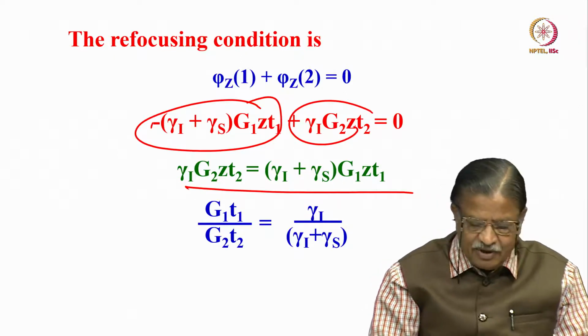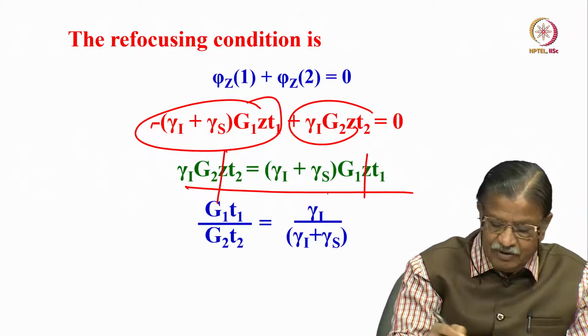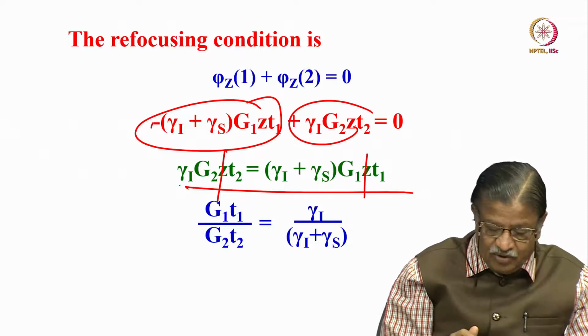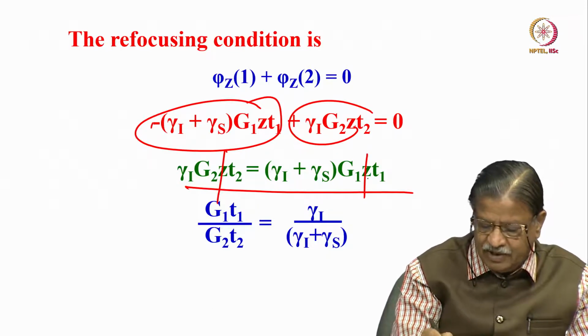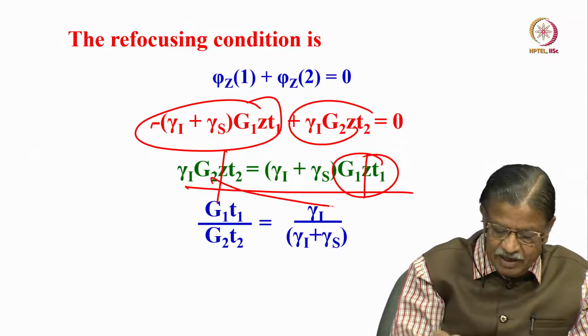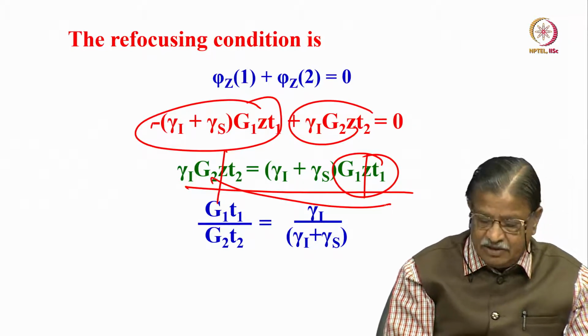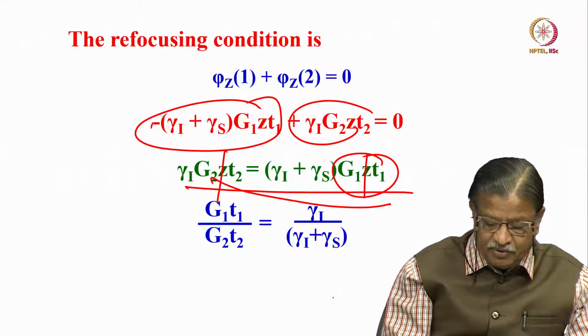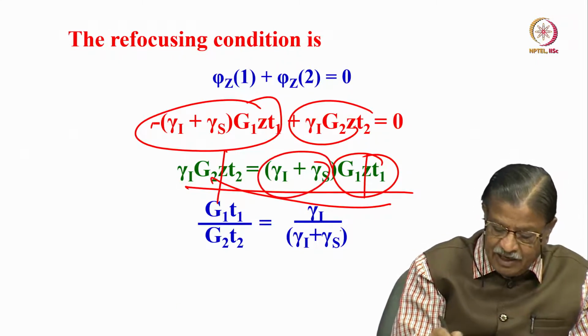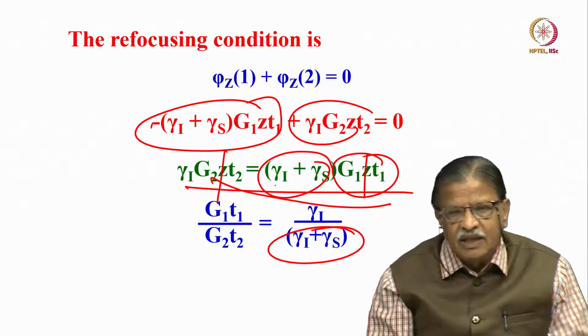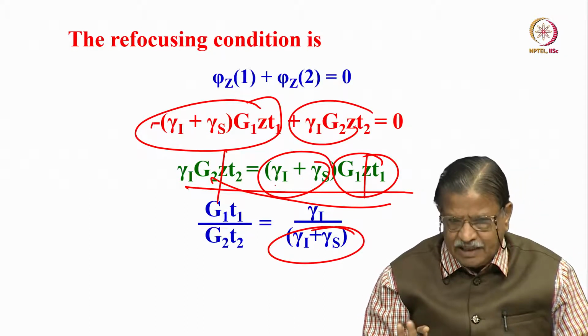Z will go, but gamma you cannot cancel because these are heteronuclei. So G1 T1 divided by G2 T2 is equal to gamma I over gamma I plus gamma S. That is a simple arithmetic.